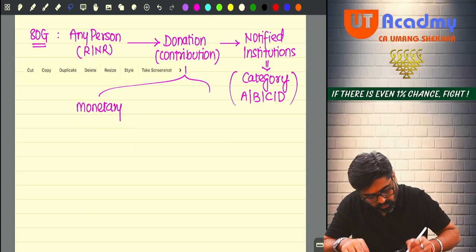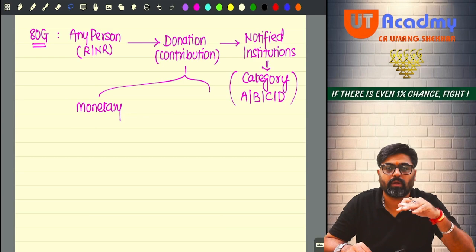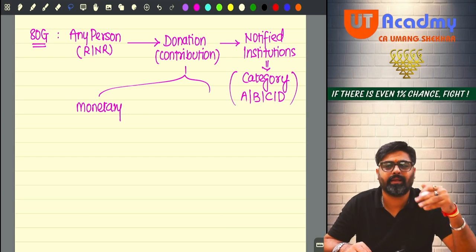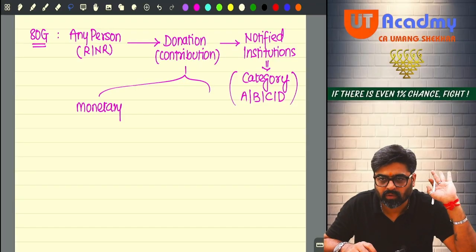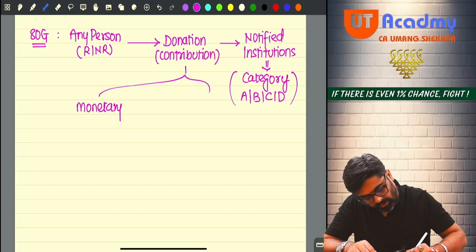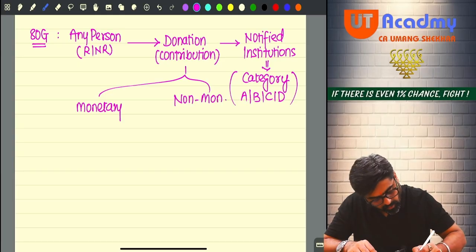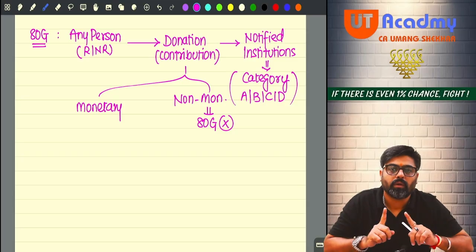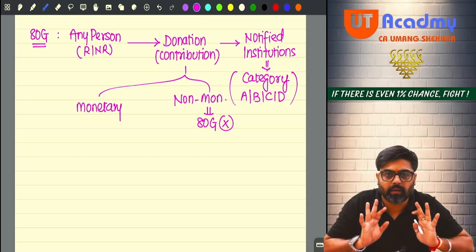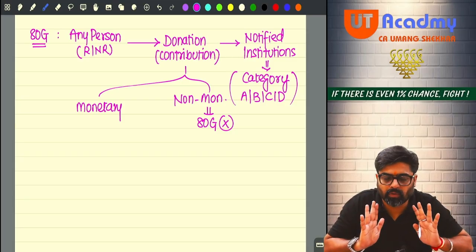So you are supposed to donate money. You are not supposed to donate any article. Donations in kind will not be allowed as a deduction. Non-monetary donations will not be allowed as a deduction under 80G. So if you want to claim the deduction, donate the money. Monetary donation will be allowed.